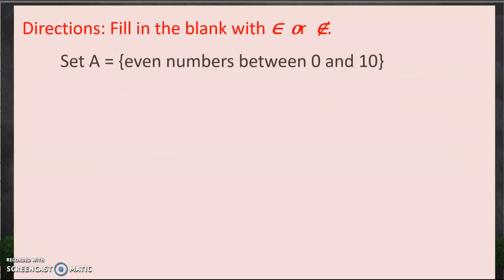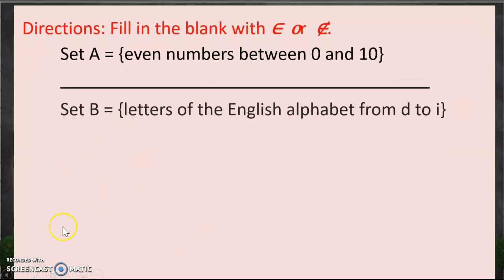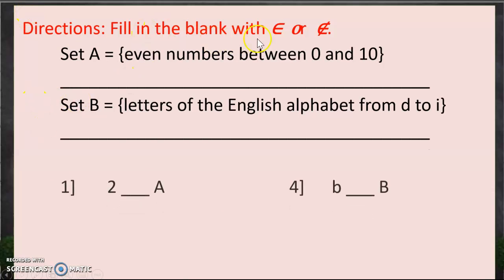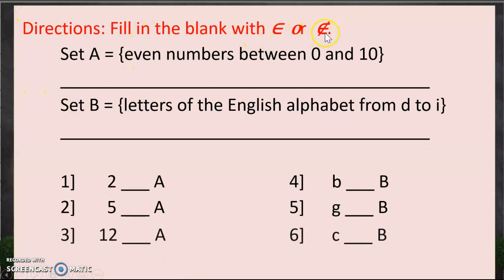Next, fill in the blank with the symbol for element or not an element. Set A is even numbers between 0 and 10. Set B is letters of the English alphabet from D to I. For us to answer it in an easier way, we will list the elements using the roster method.